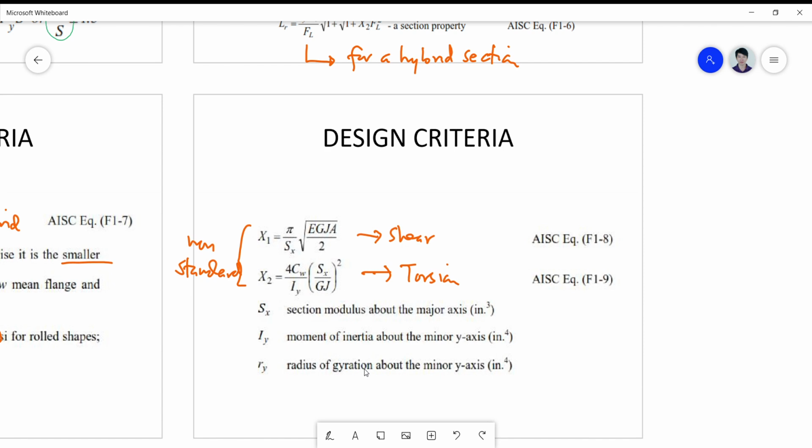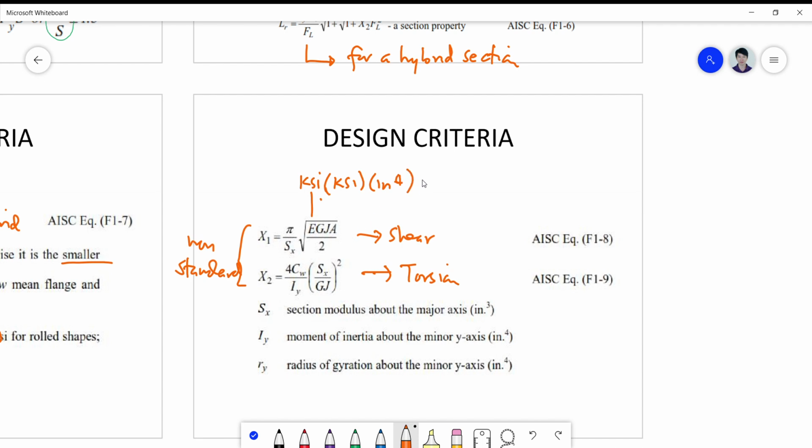Okay. So if I'm going to make a unit analysis here, E is in KSI, and then G is also in KSI. J is the polar moment of inertia, in inch to the fourth.